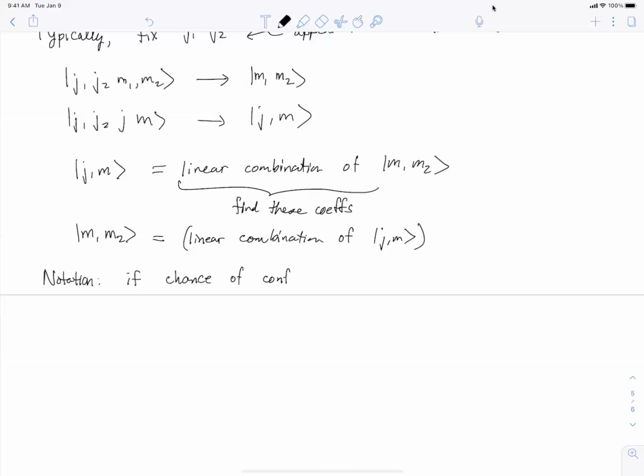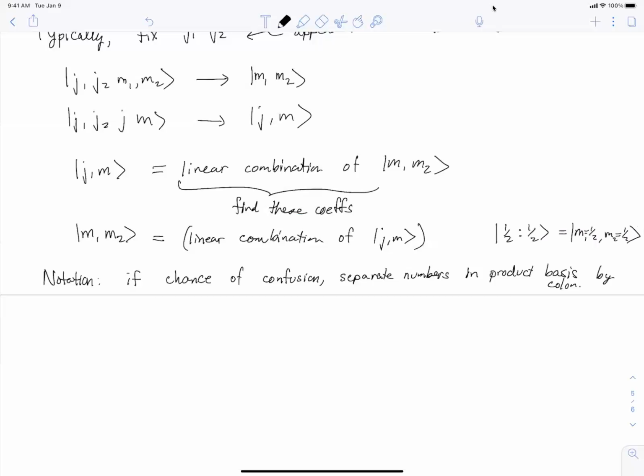So if chance of confusion, separate numbers in product basis by a colon. So for example, I might write something like 1/2 colon 1/2, and then you would know that what I really mean is M1 equals 1/2 for the first one, and M2 equals 1/2 for the second one, and not J equals 1/2, M equals 1/2.